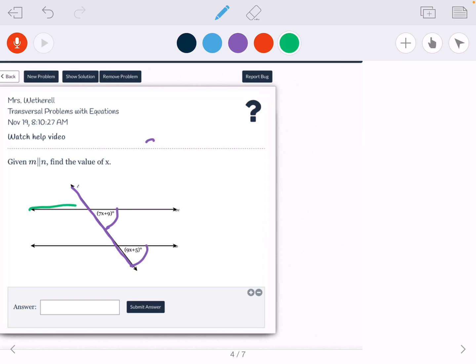Here are my parallel lines. This angle is just underneath the parallel line on the right side of the transversal. This angle here is on the right side of the transversal, just underneath. So that means they're corresponding. Corresponding is one of the four that are congruent, so you set them equal to each other.